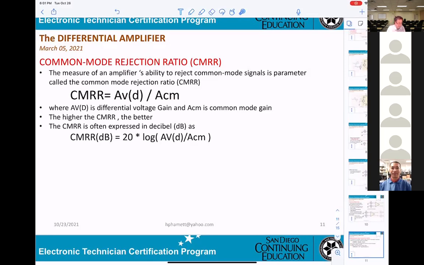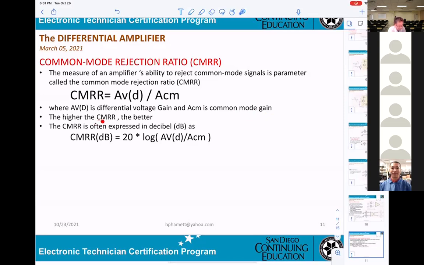Okay, where AVD is the differential voltage gain, and ACM is the common mode gain, that means the gain of the noise.